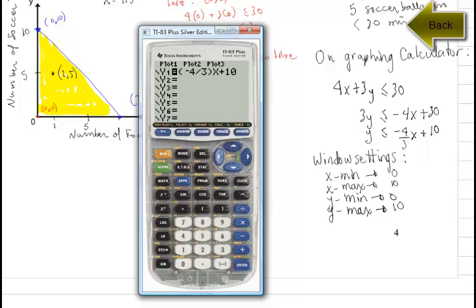Now going back to the y equals screen, if you move your cursor to the far left, you have different options for graphing. So if you want to do an inequality, there are 2 settings. Okay, one of them looks like this.